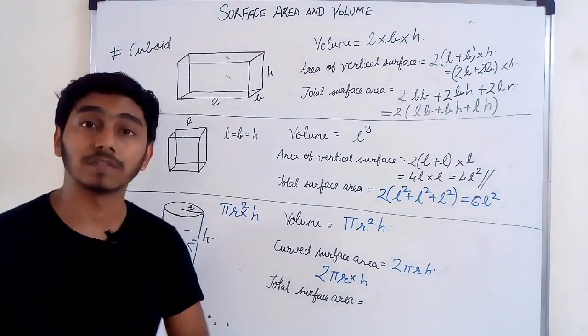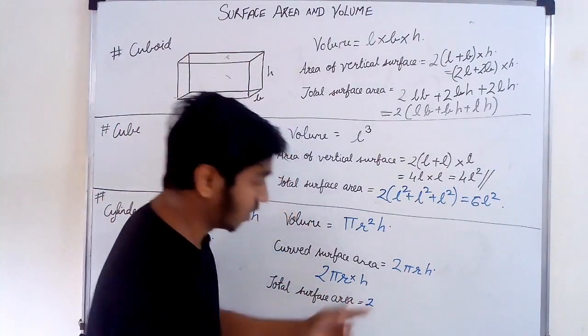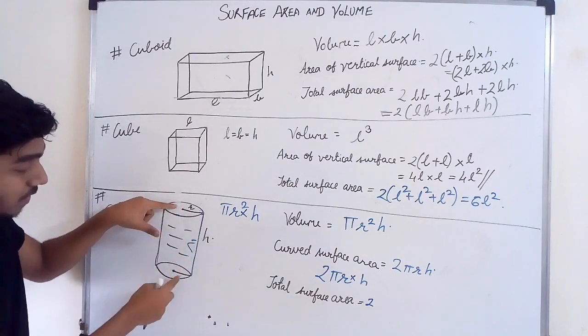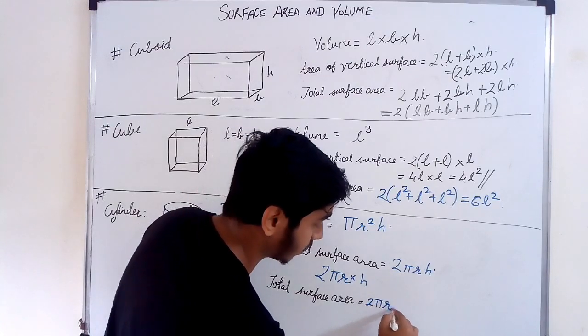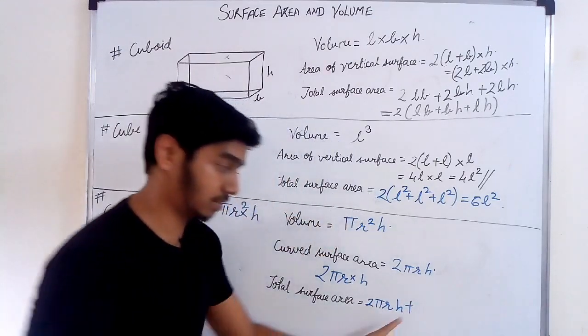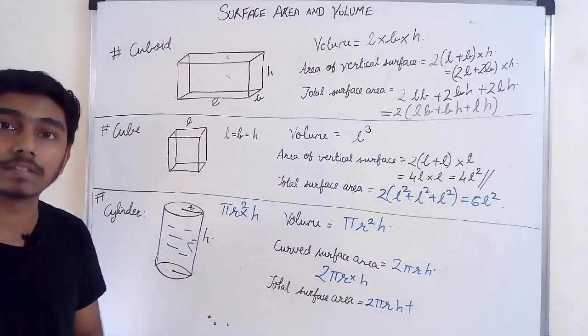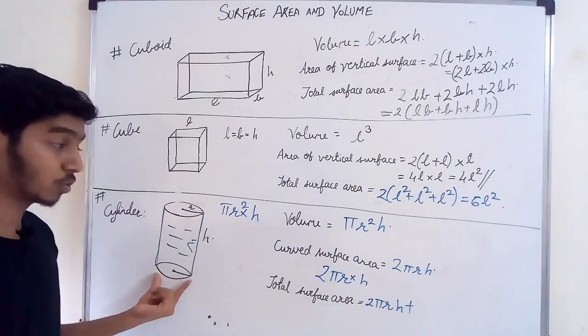Now, the total surface area. The total surface area is the curved surface, which is this part, and also the above surface and the base surface. Therefore, the curved surface 2 pi r h plus the above surface and the lower surface. The area of the above surface is pi r square, and this is also pi r square.